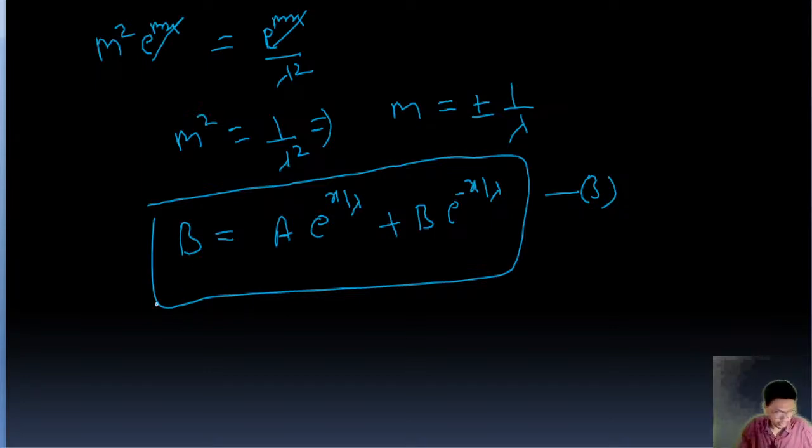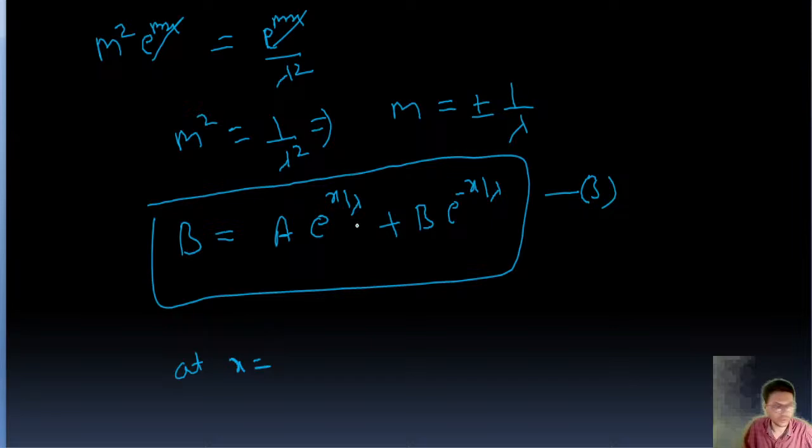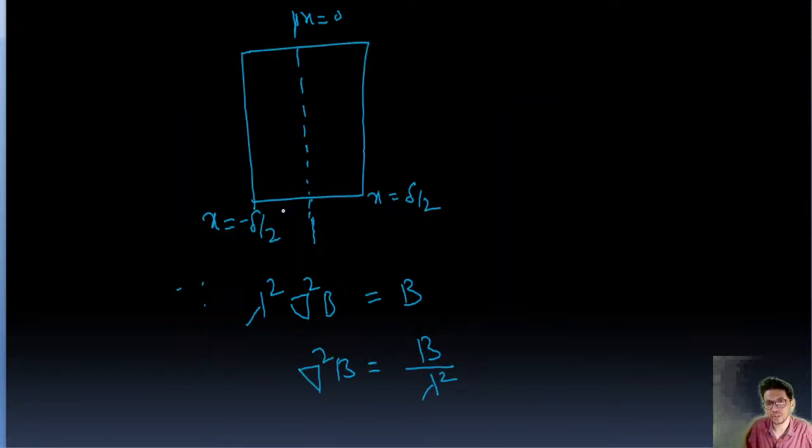So from the figure, at x equal to delta by 2 or x equal to minus delta by 2, the value of b is going to be b naught at this boundary.